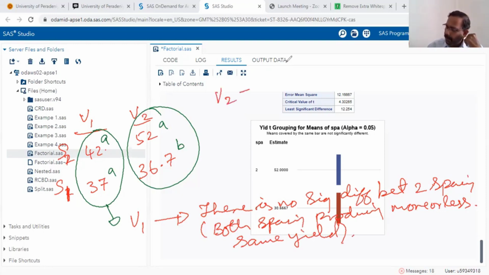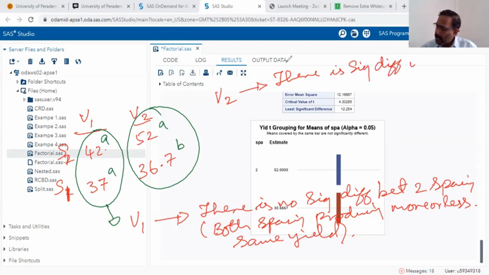If you take variety 2, which spacing produces more yield? Here we are talking about yield. So which one is better, A or B? Second spacing, yes, the second spacing is good. So there's a significant difference in yield between the two spacings.